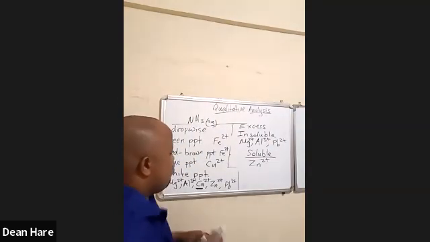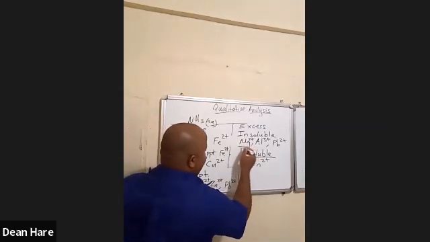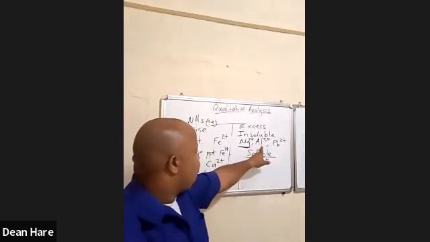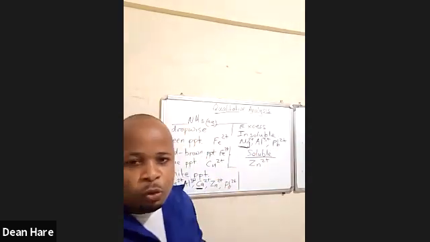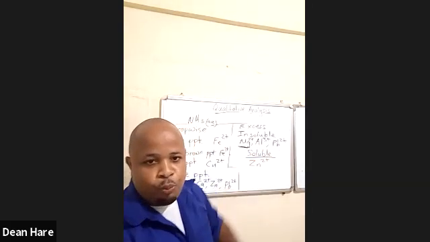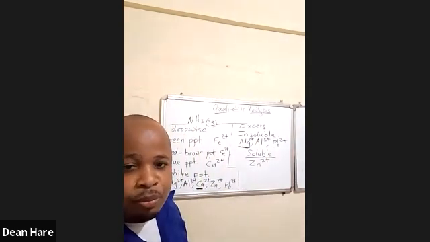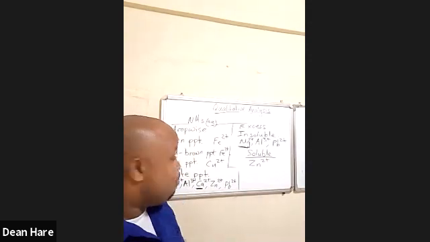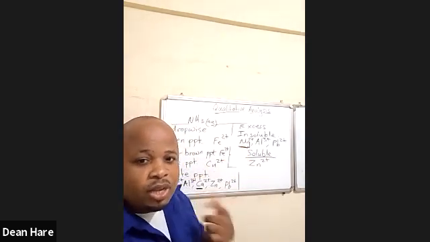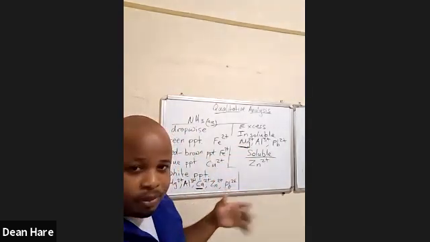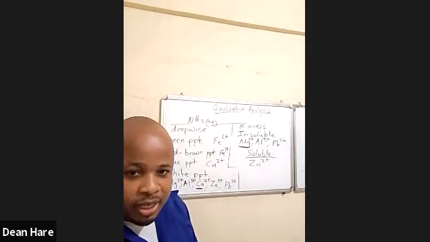Remember that magnesium, we would have already differentiated it from aluminum and lead when we used sodium hydroxide. Because aluminum and lead would have been soluble in excess sodium hydroxide, but magnesium would not have been, because magnesium is insoluble in excess sodium hydroxide.